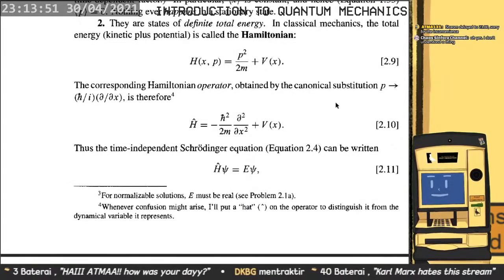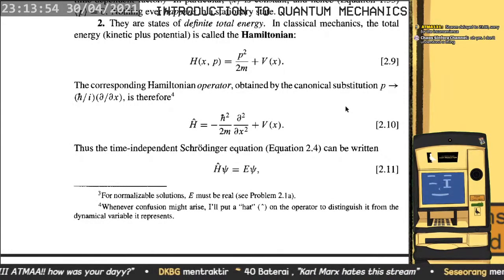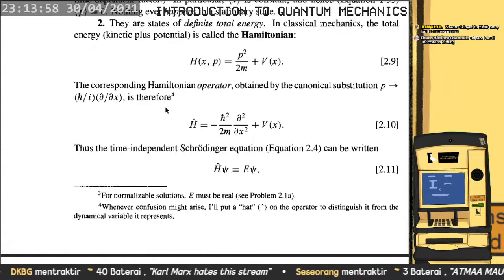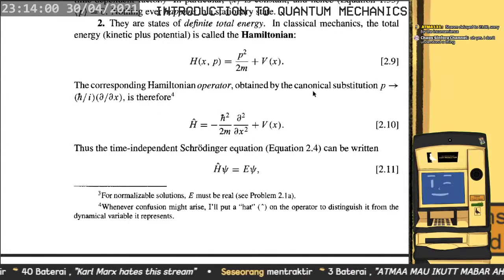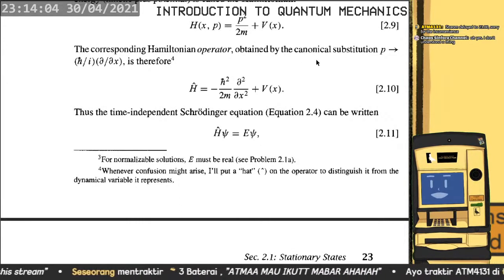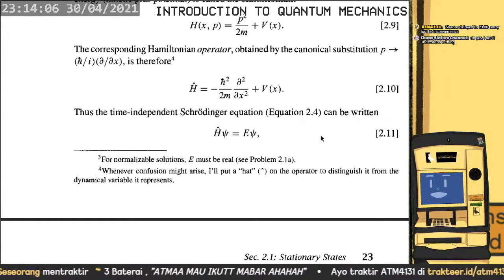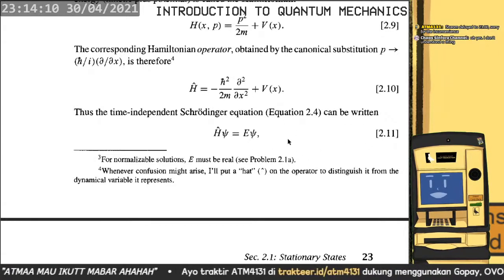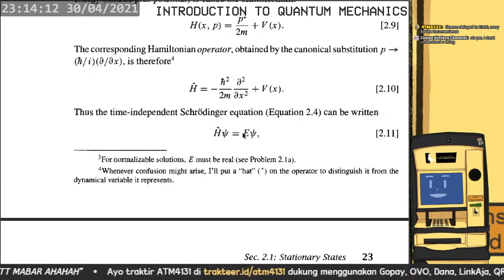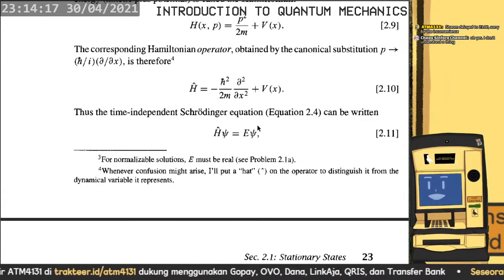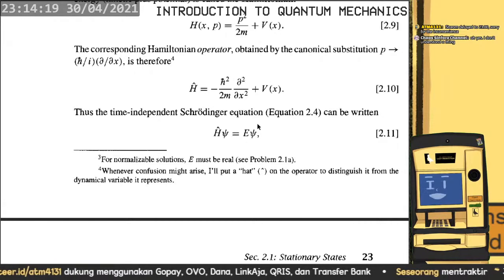The corresponding Hamiltonian operator, obtained by the canonical substitution p to minus iħ d/dx, is therefore H equals this equation. Thus, the time-independent Schrödinger equation 2.4 can be written Hψ = Eψ. For normalizable solutions, E must be real.